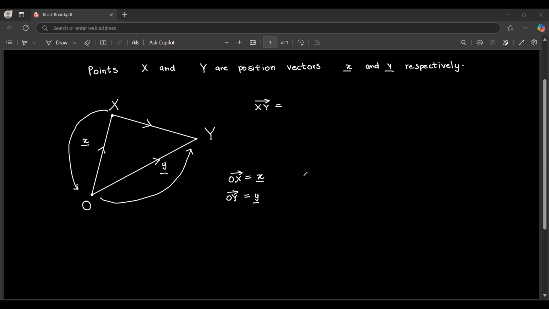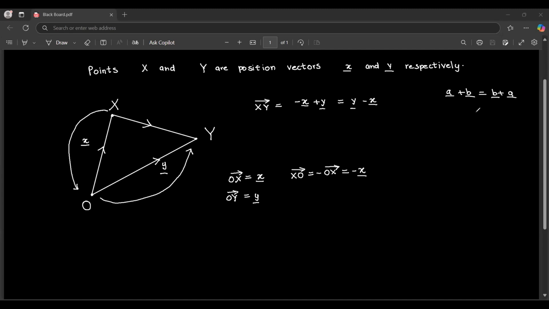Since we are going from X to O, XO is equal to minus OX, which means it is equal to minus x. So we are going from X to O plus O to Y. So this will be minus x plus y, or you can rewrite it as y minus x. Because a plus b is equal to b plus a. Vectors are associative and commutative, so you don't have to worry about that. Keep that in mind.